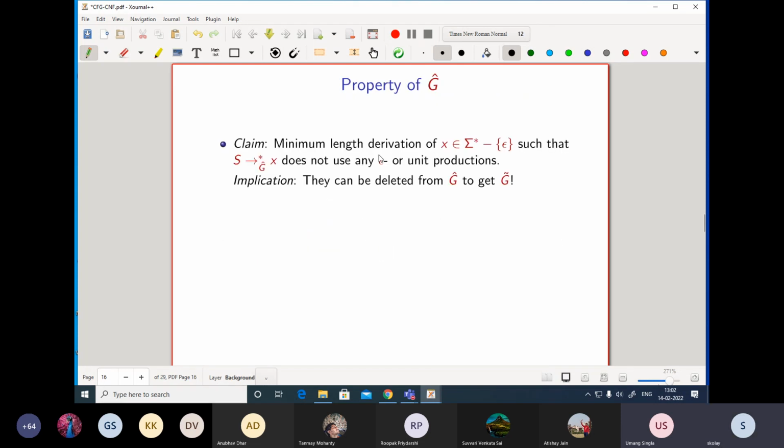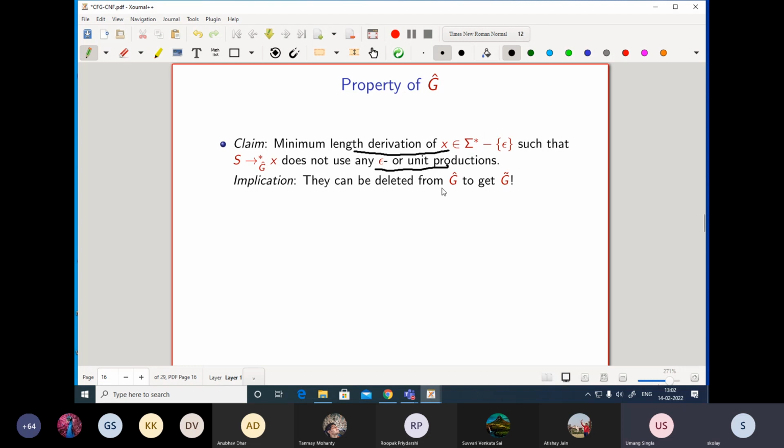Now the claim is, if I take a minimum length derivation of x, x not being an empty string, then this will not use an epsilon or a unit production in G hat.